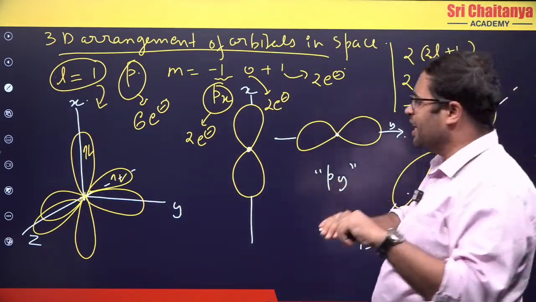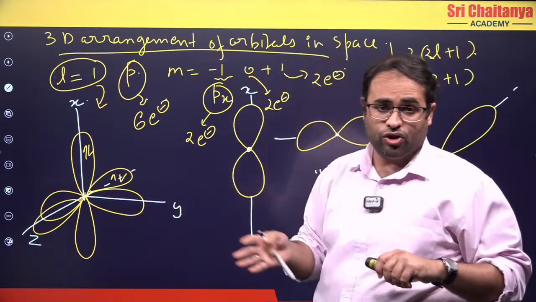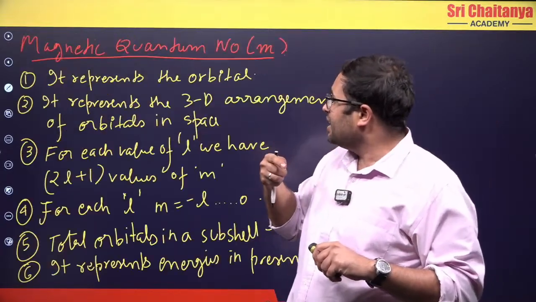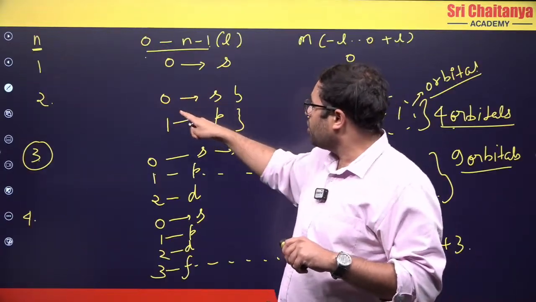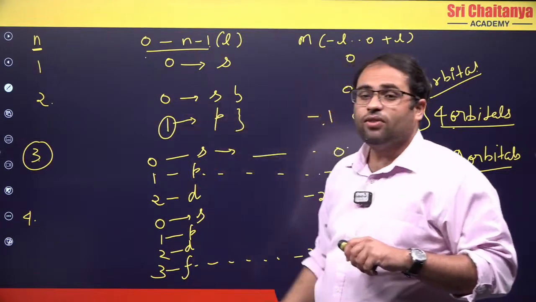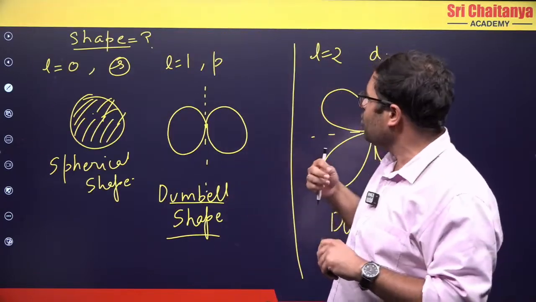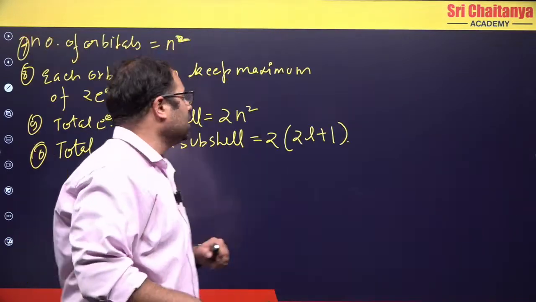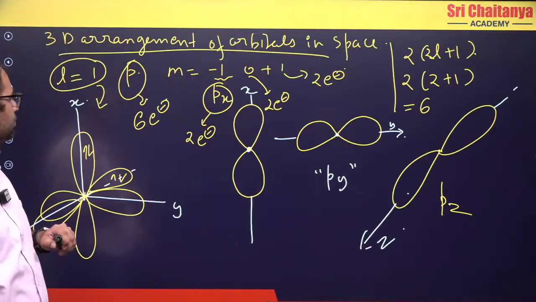In the absence of a magnetic field, they all have the same energy. That is why when we discuss L, we have not talked about the splitting of this L, because we are discussing it in the absence of a magnetic field. Now you apply a magnetic field, and you'll get so much more of the quantum number thing here, right?